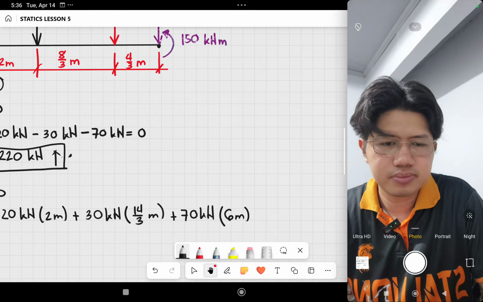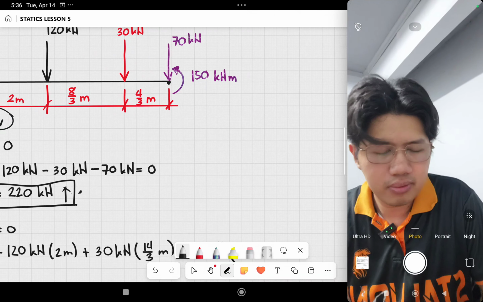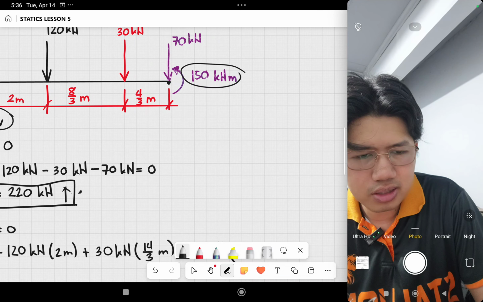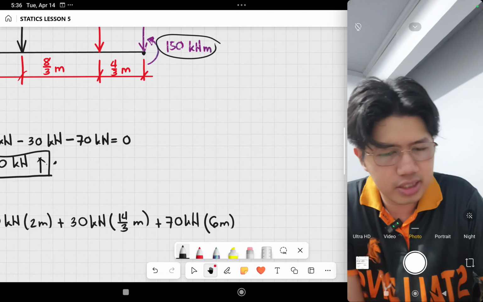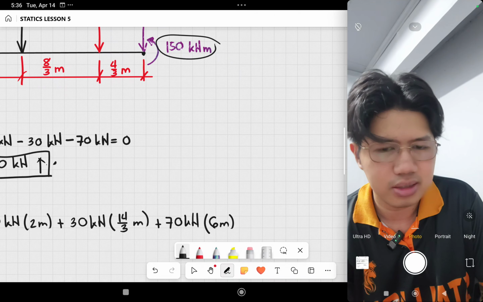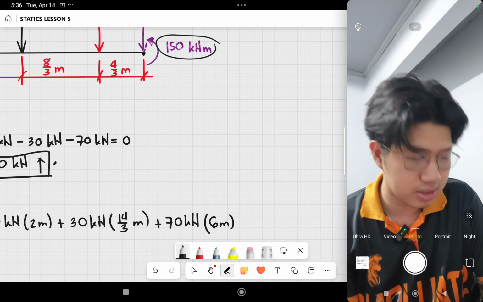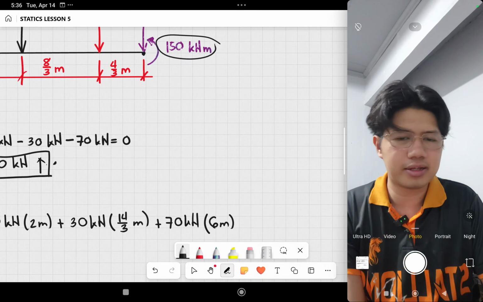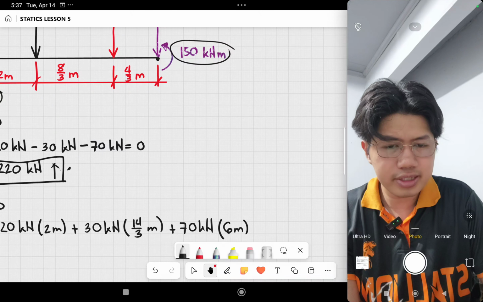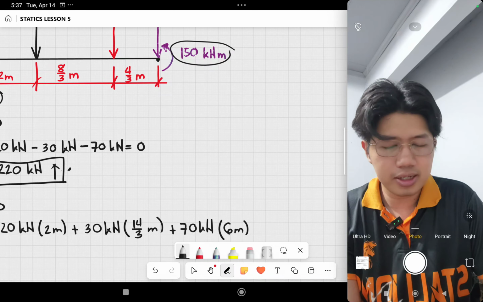Okay? And then, what happens to this one? This one is a couple moment or an applied moment. So, alam natin kapag couple, kahit saan ka mag-moment, di ba?